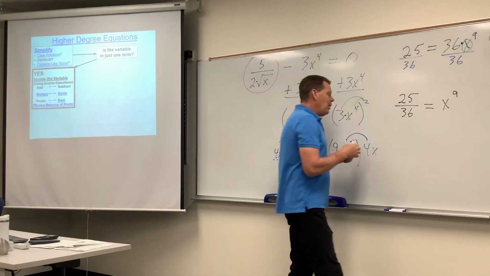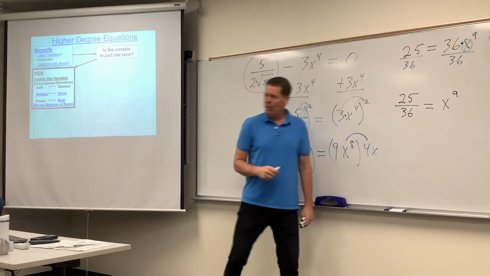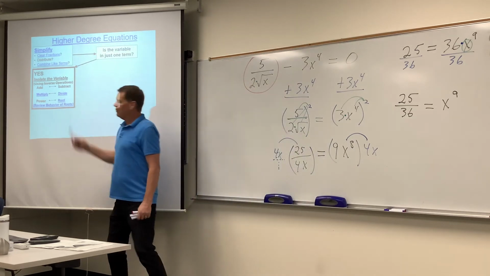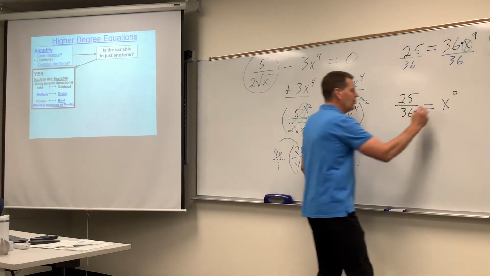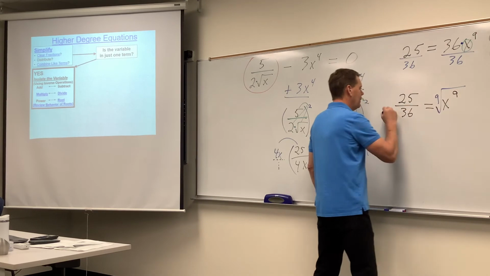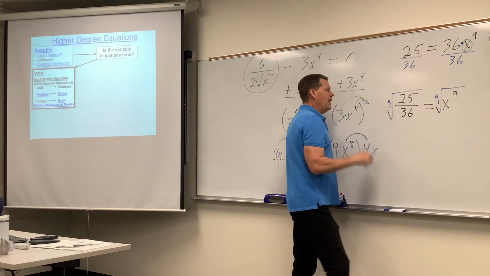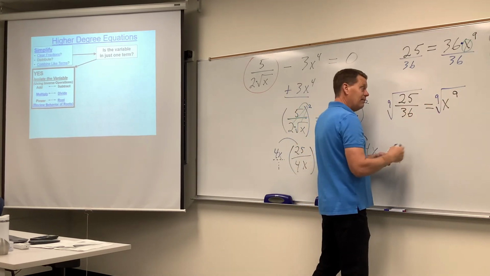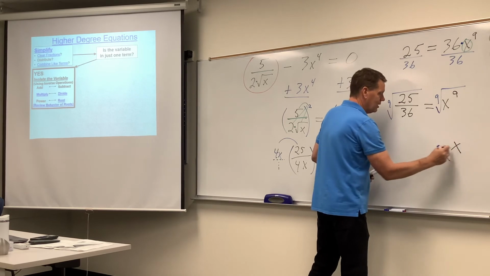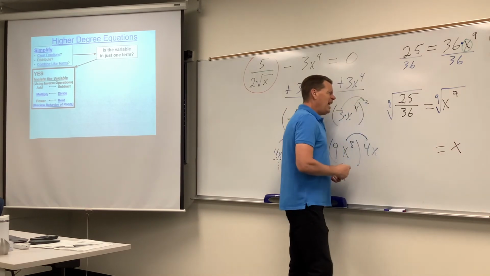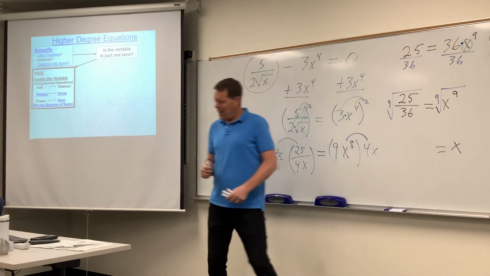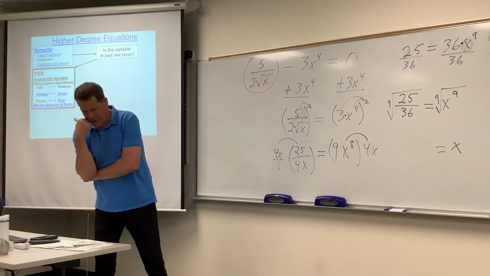And then how do you get rid of a 9th power? You'll use a 9th root. So we introduce a 9th root to both sides. And that'll leave just the x over here, which is the goal always, to get x by itself. And then it's like, I can't find my 9th root key on my calculator.